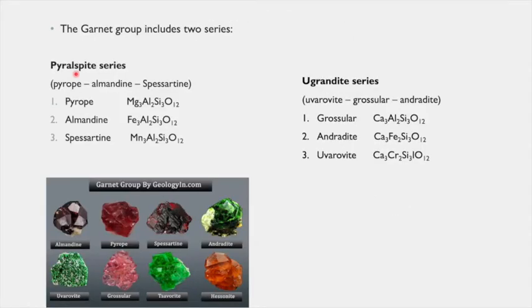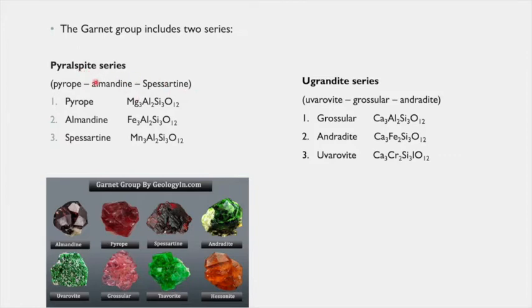Okay, so the garnet group includes two series, the Pyralspite series and the Ugrandite series. Now this word Pyralspite is actually a combination of three garnet mineral names, which are pyrope, almandine, and spessartine. So PYR comes from pyrope, AL comes from almandine, and SP comes from spessartine.